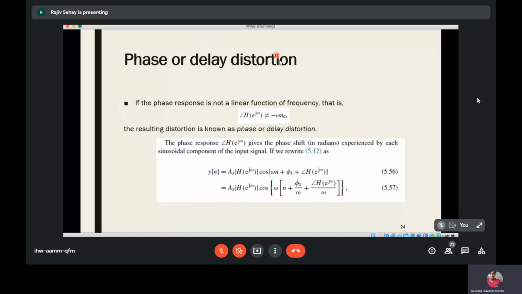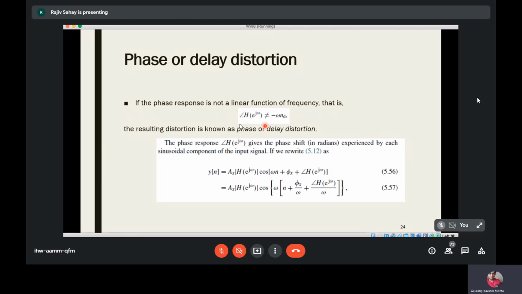So this is more tricky because what happens when there is phase distortion? This part is slightly difficult to understand. Let us see. So if the phase response is not a linear function of frequency, then what happens? Okay.